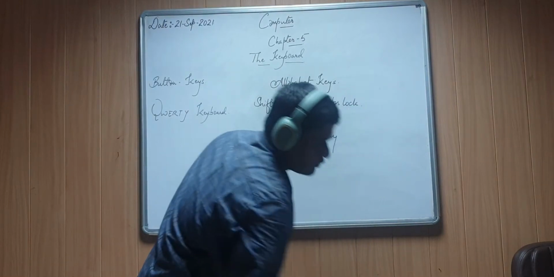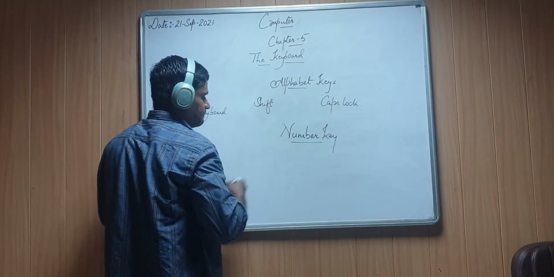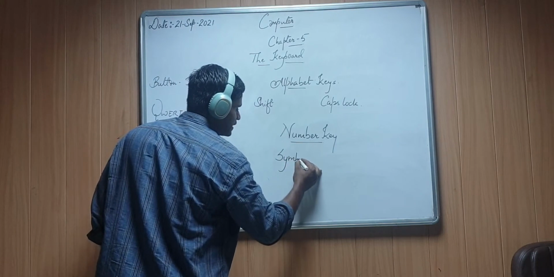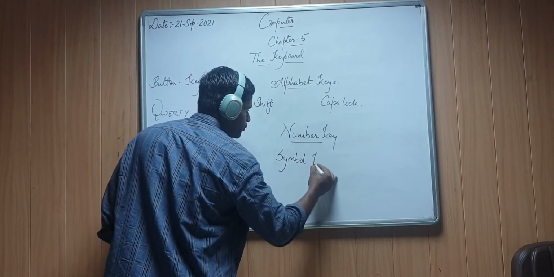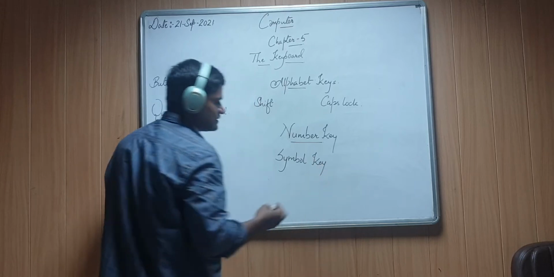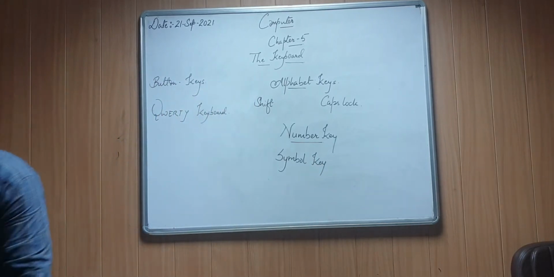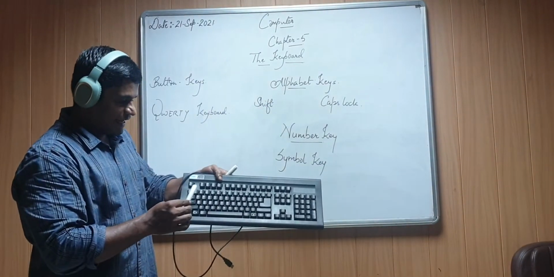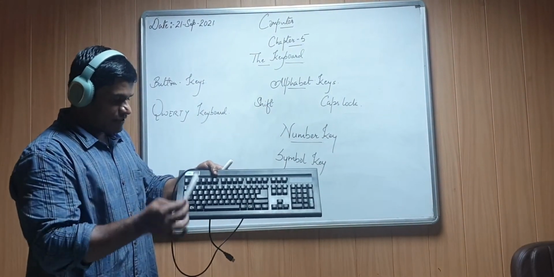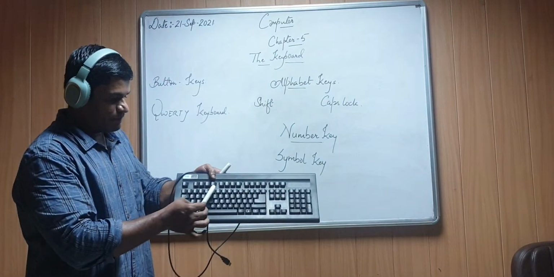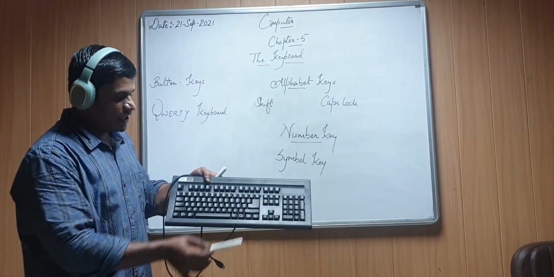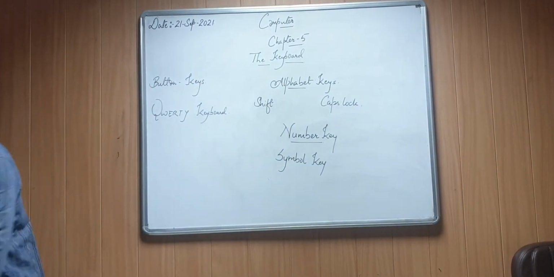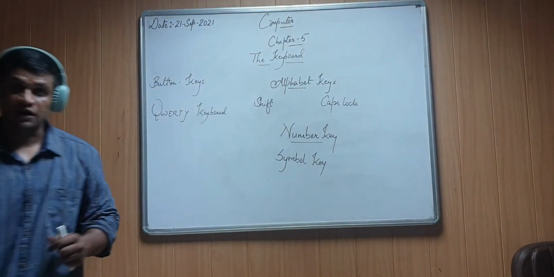After the number key, we have the symbol key. As you have seen, there are lots of symbols available on your number keys as well as on the side of the alphabet keys. There are symbols available on the number keys like exclamation mark, at the rate, hash, dollar, percentage sign. Similarly, we have other symbols which are used in grammatical English also, punctuation marks.